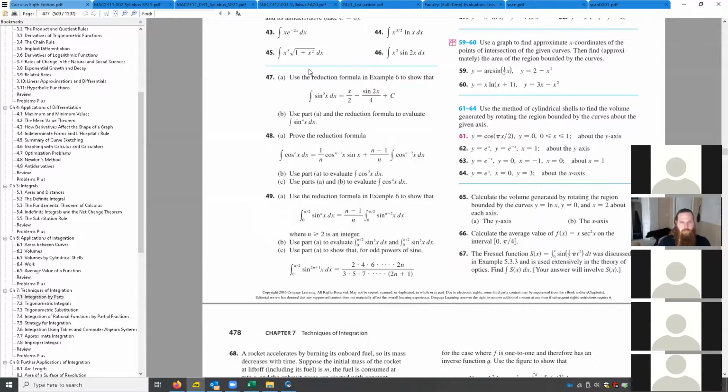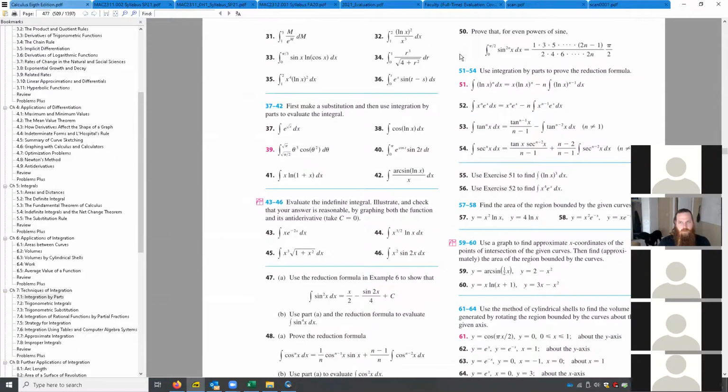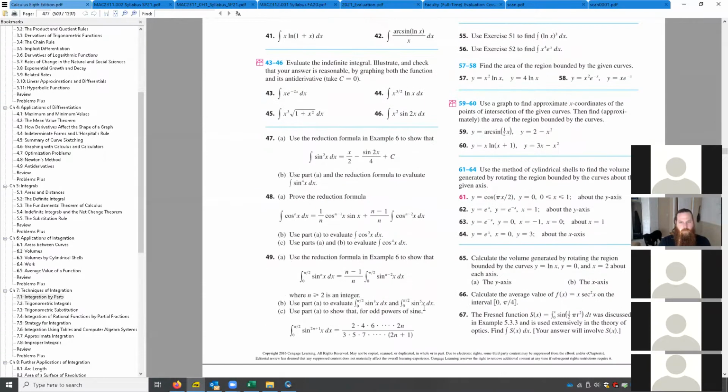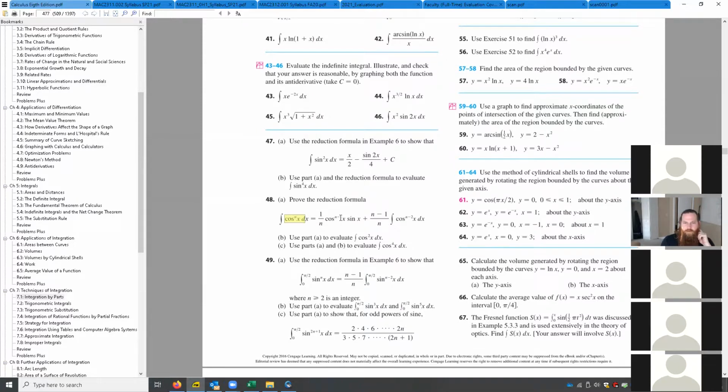So problems 47, 48, 49, and 50 all kind of tie together. And if you work on these in the same way that I just showed you for those, you'll arrive at a really neat formula. They call these reduction formulas because they take an integral of a power and spit out some stuff plus a very similar integral but with a smaller power.